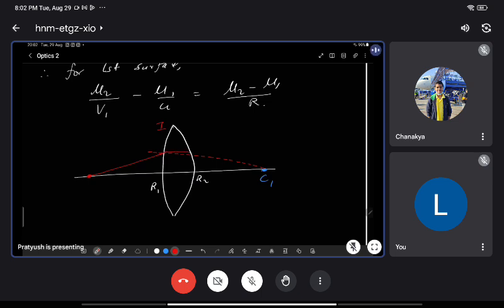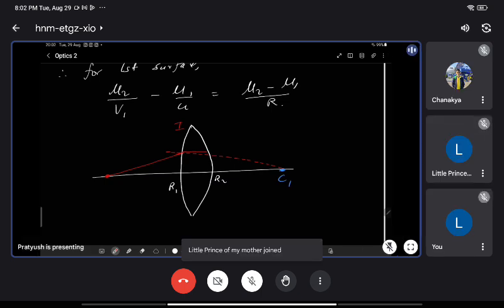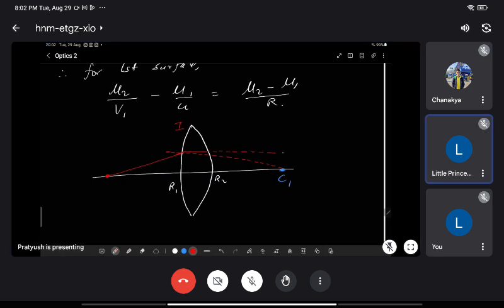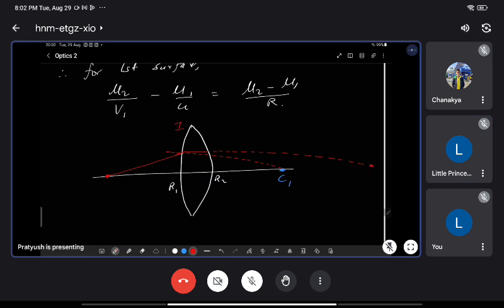Because of this, the image must now have formed somewhere at this point. I am drawing the ray diagram for the first refraction. This distance must be V1.